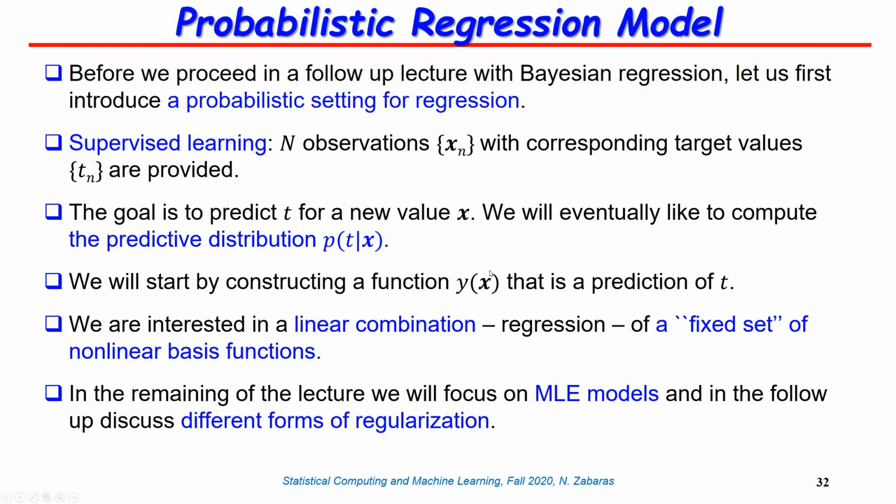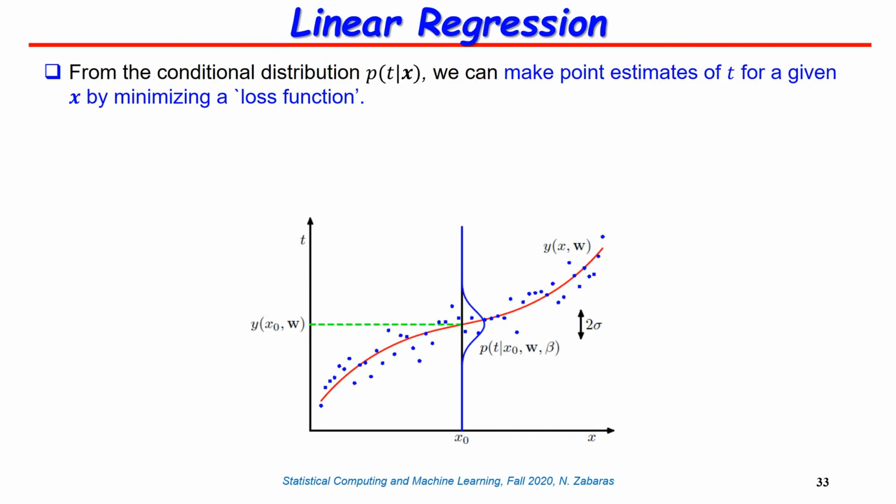If I can show a schematic, if you take a particular location x, your estimation for the target at that location will be, let's say, this particular Gaussian, the way that I see here. And the mean of that Gaussian corresponds to the value of my regression function at this location x0. So the regression function is going to be the mean of this conditional distribution p of t given x.